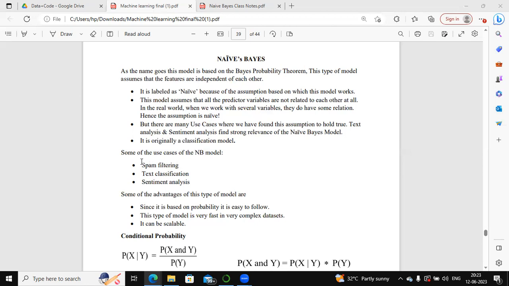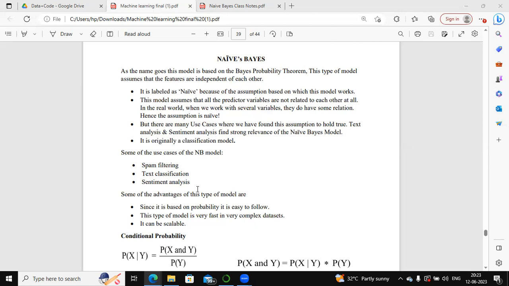It is used in text classification, which we will discuss in further classes as well, and also in sentiment analysis. So you need to understand these three areas: spam filtering, text classification, and sentiment analysis.